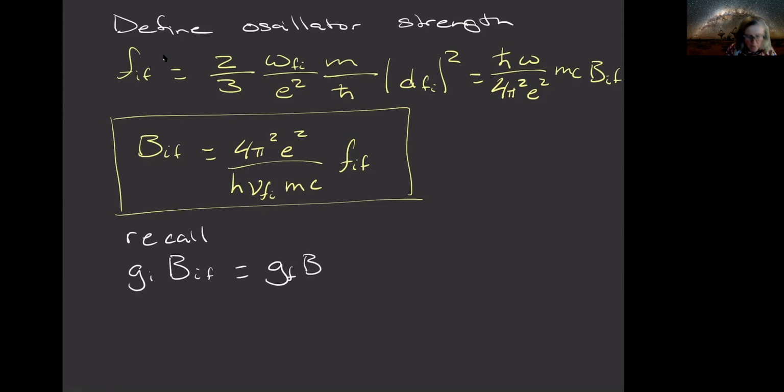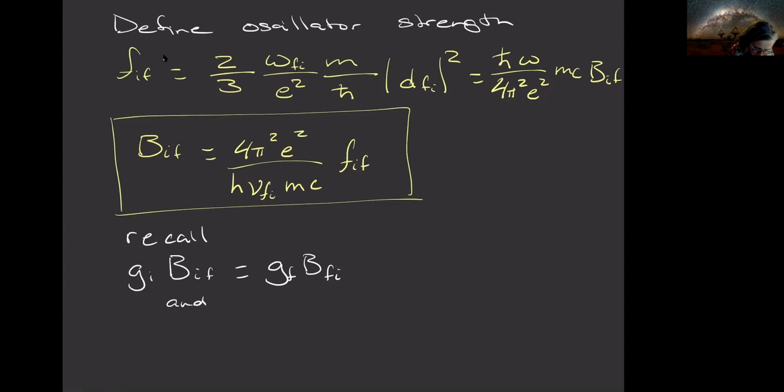So that's how many electrons, how often you would have electrons in that state. Sorry, I should have written that in terms of final initial. So once we have B_if, we can derive B_fi given statistical weights. And statistical weights we can relate to quantum numbers. So that's good. We actually have everything that we need to know there.